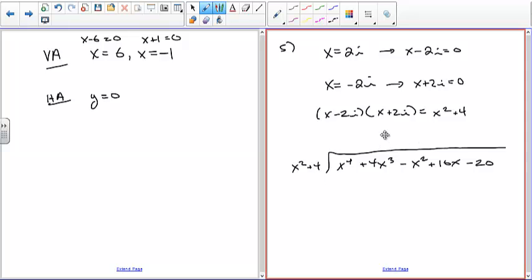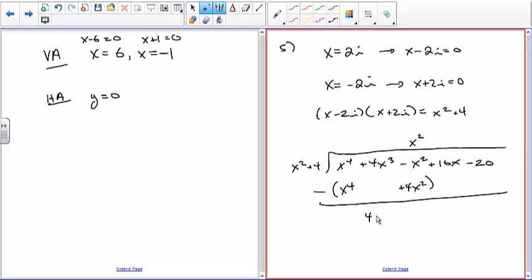Okay, so the question is, what do I need to multiply x squared by to get x to the fourth? The answer is x squared. So x squared times x squared is x to the fourth. x squared times 4 is plus 4x squared. But I'm subtracting both of those. When I subtract this from that, I get 0.